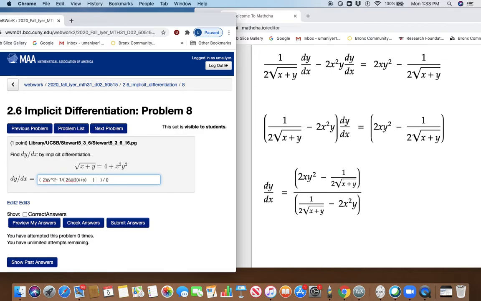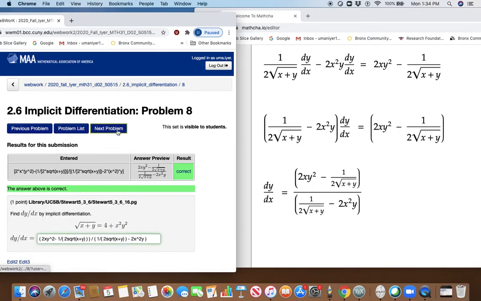Be mindful of parentheses. Denominator here is 1 over a parenthesis 2 square root of x plus y, and then minus 2x to the power 2 y. Okay, next problem.